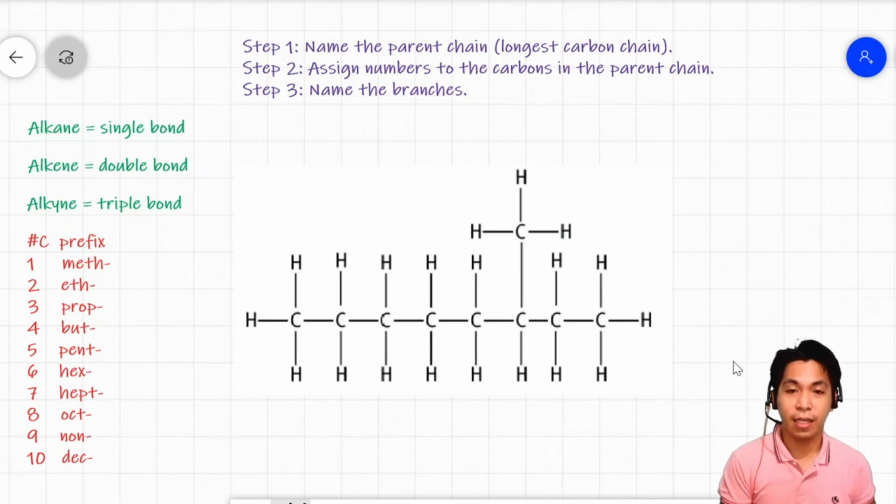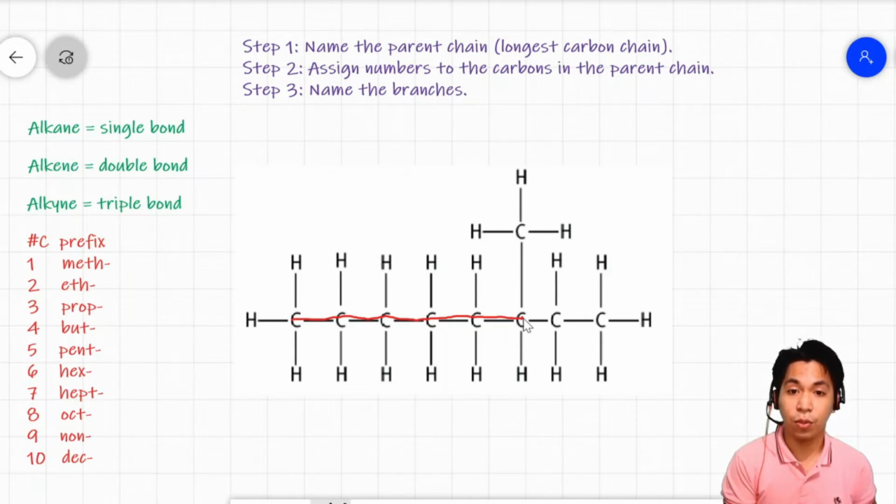Take a look at this next example. So let's first identify the longest carbon chain. If we start from the left, we can have the following option. So passing the first carbon, going to the next, and the next. Then when you reach this carbon, you have two options: either go up or go to the right side. Going up will lead you to this carbon that is not connected to any other carbon.